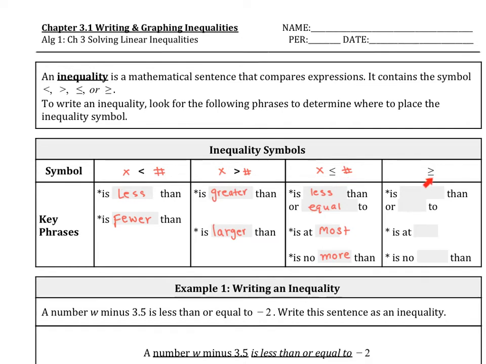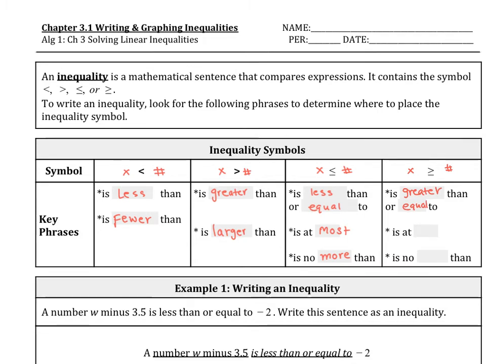Now notice this symbol is the same as the greater than symbol, but the line underneath means greater than or equal to. So you write x is greater than or equal to whatever the number is.